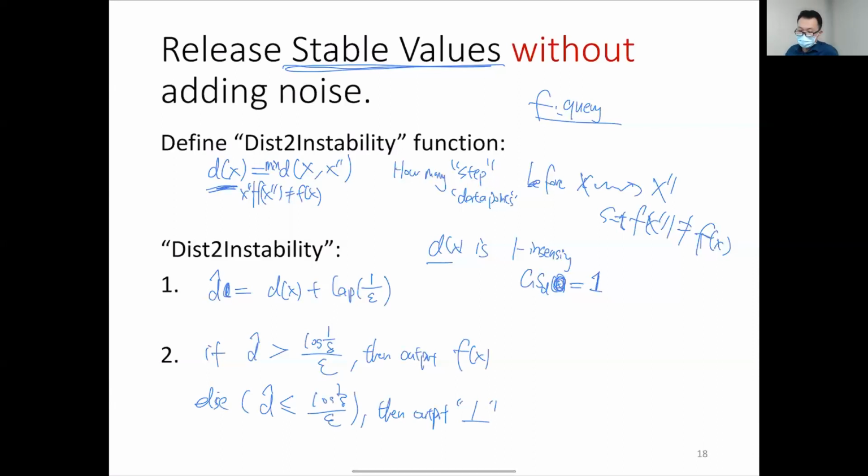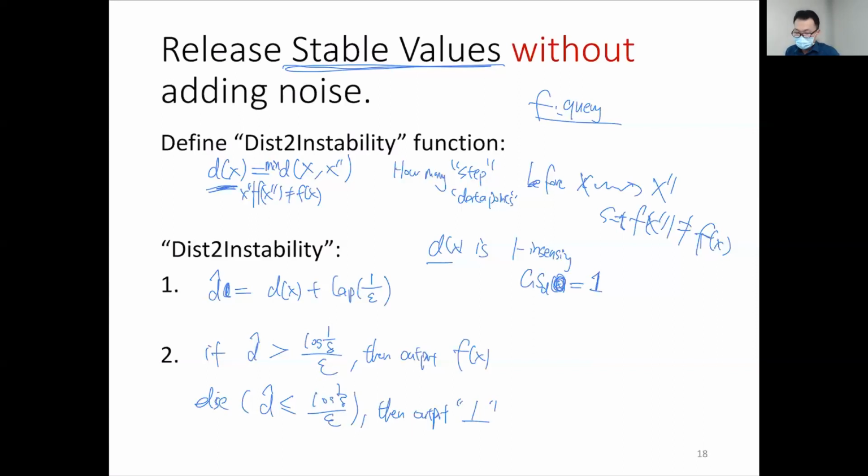So the idea is that basically I'm checking whether I'm sufficiently far away from being unstable. So if x is very stable and in a large neighborhood, and if the neighborhood is larger than this quantity, then I'm just going to output my exact value without adding noise at all.